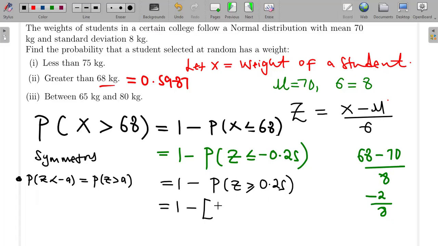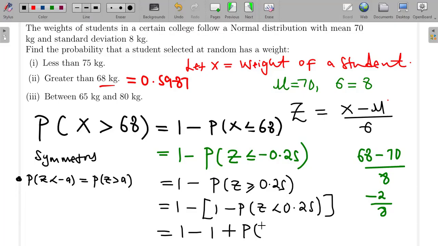It will be 1 minus the probability that Z is less than 0.25. Multiplying throughout by the negative, I get 1 minus 1 plus the probability that Z is less than 0.25. So this gives me 0, and I just remain with the probability that Z is less than positive 0.25.